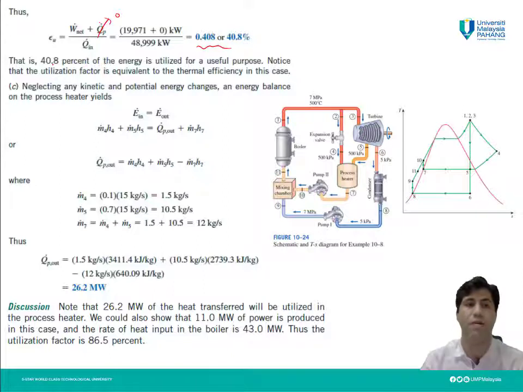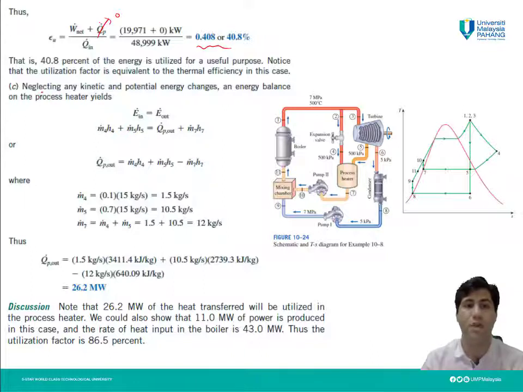It means 40.8% of energy is utilized for a useful purpose. Notice that utilization factor here is equivalent to the thermal efficiency, because we have only the Rankine cycle in the process, and we don't have process heater requirement here.